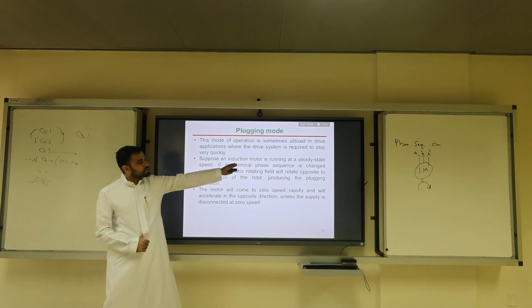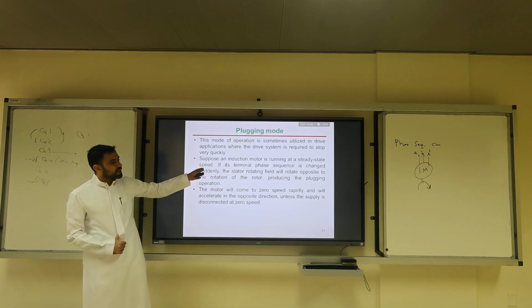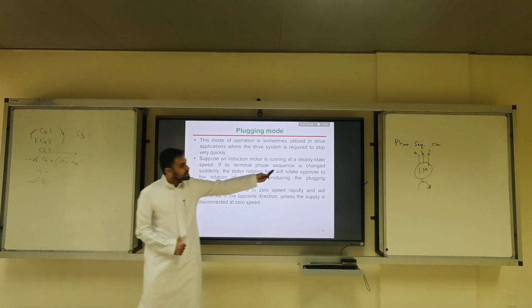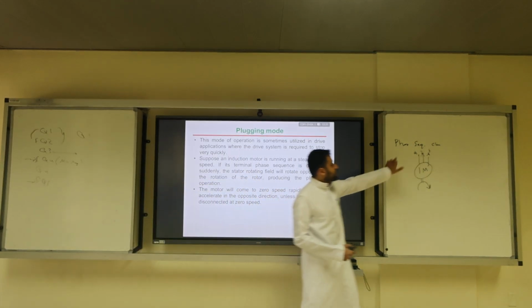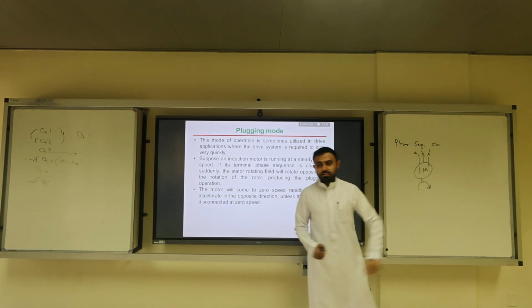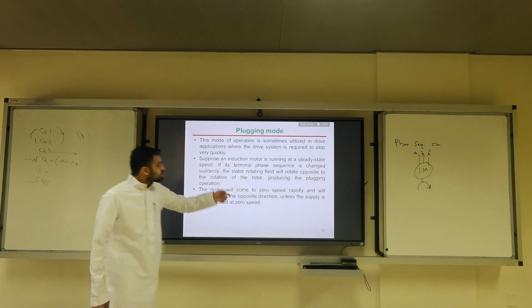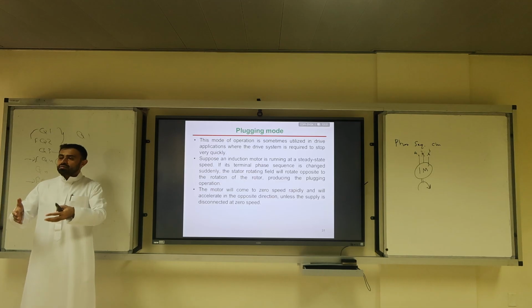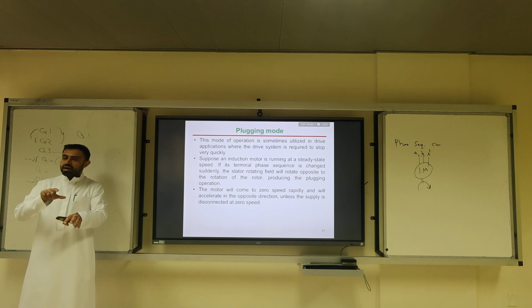Suppose that the induction machine is running at steady state speed. If the terminal phase sequence, instead of ABC, is ACB, you just flip the wires. In real life, you don't flip the wires; the inverter will change it. If you remember the inverters, who took the power electronics? You remember the inverters, the MOSFETs, you send firing signals.